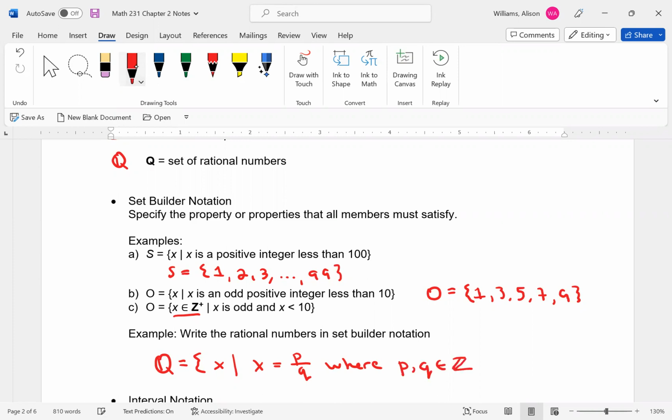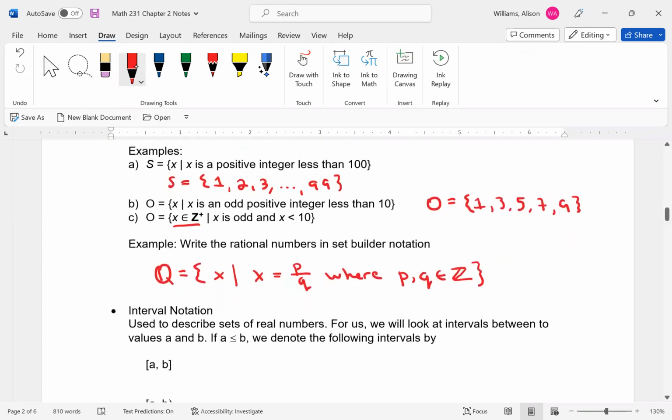We don't want them to be fractions themselves or decimals, so we need to indicate that they are, in fact, integers. They can be negative; we can have negative fractions. And there you go. That's how we could write the rational numbers in set builder notation.